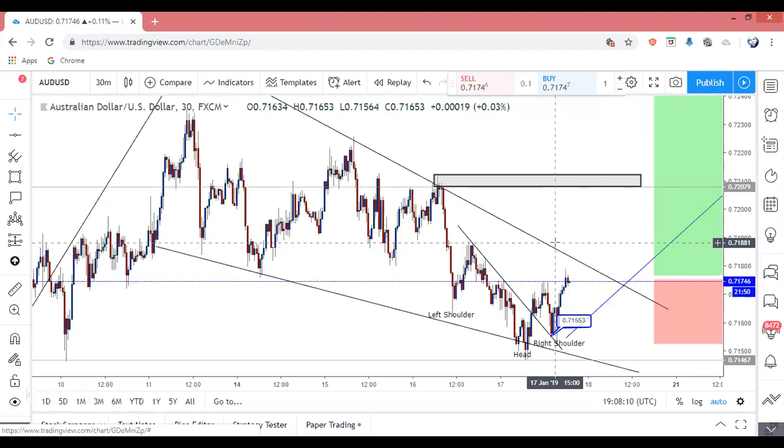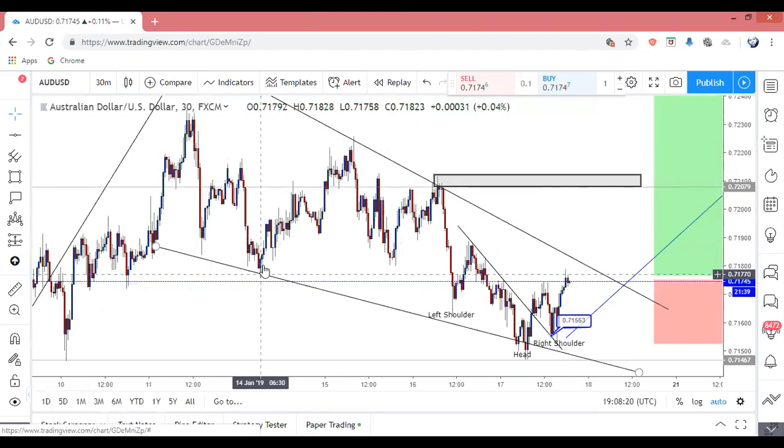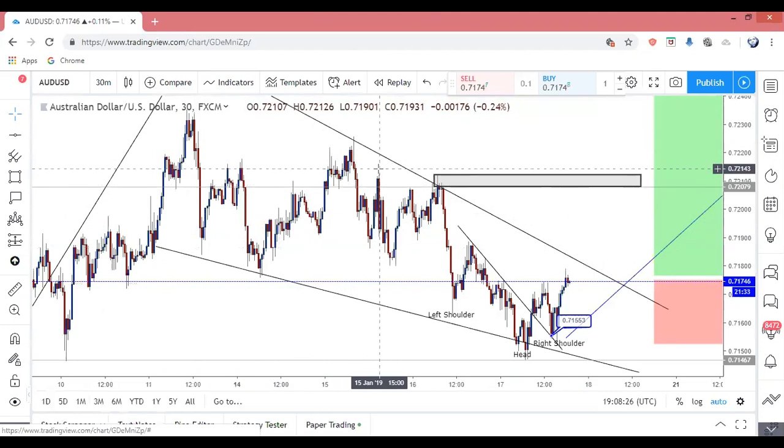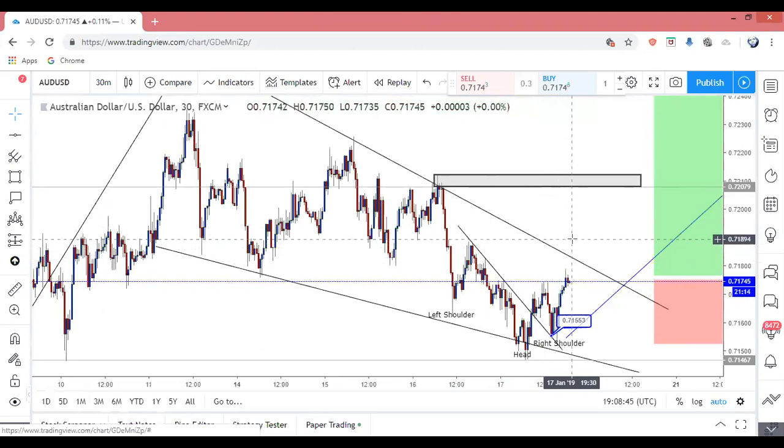Like you can see it went down. So that's all that happens during the market. You never know where the market will have the hyper pulse or where it will have the non-hyper pulse.